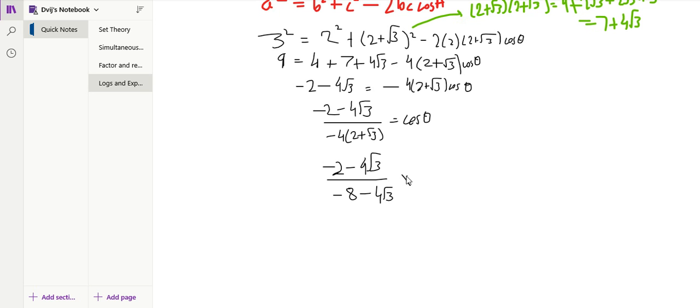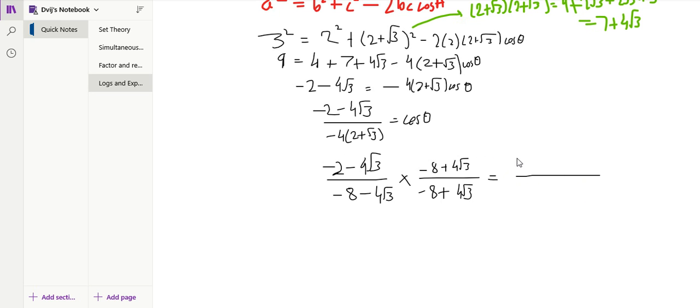And when you're rationalizing the denominator, what you want to do is multiply both the top and the bottom by the conjugate. In this case, the conjugate is minus 8 plus 4 root 3, right? And you'll have to do the whole algebraic expansion, unfortunately, because this is a non-calculator question.